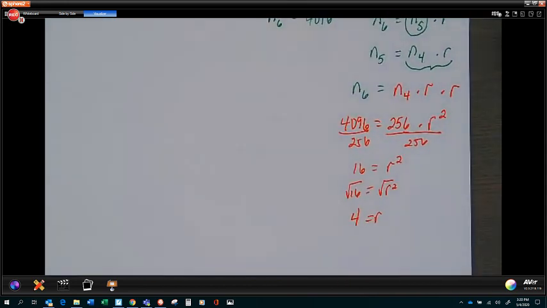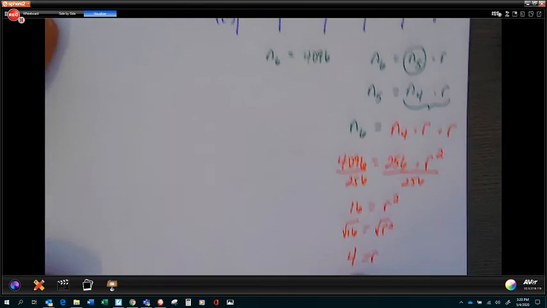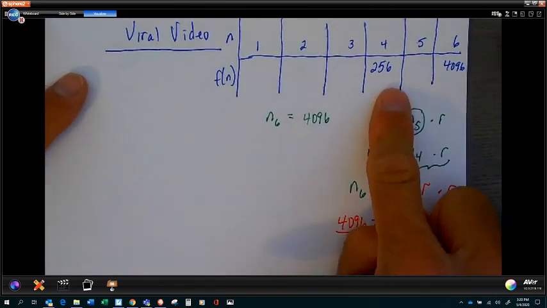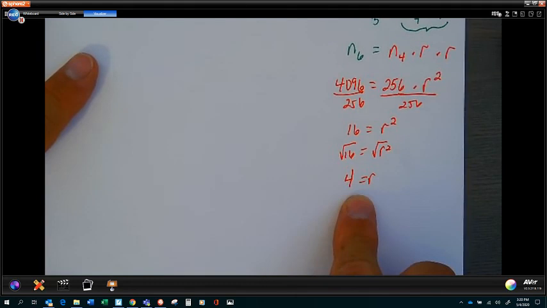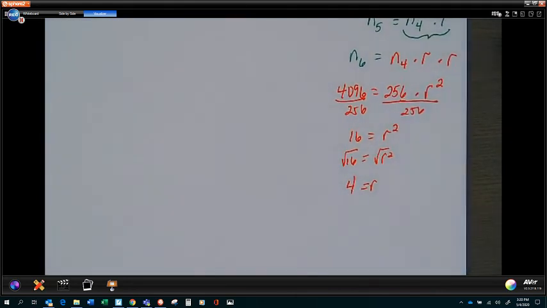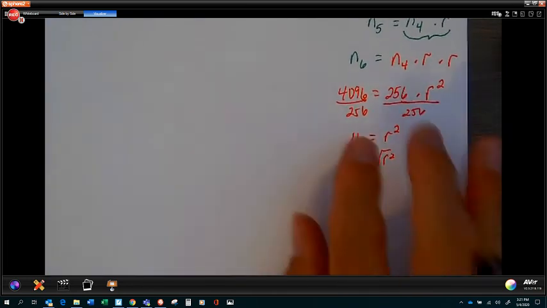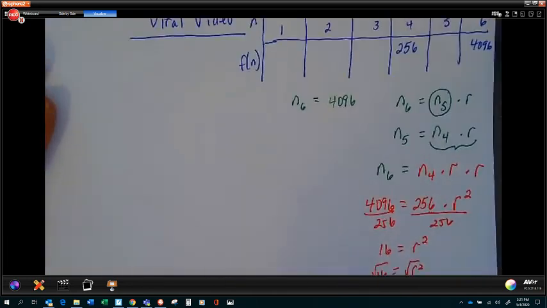In this case it's going to be positive 4. I do need to make the definition of a positive square root we're using here, and we'll double check.